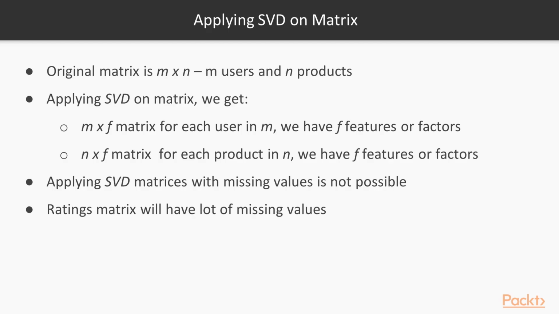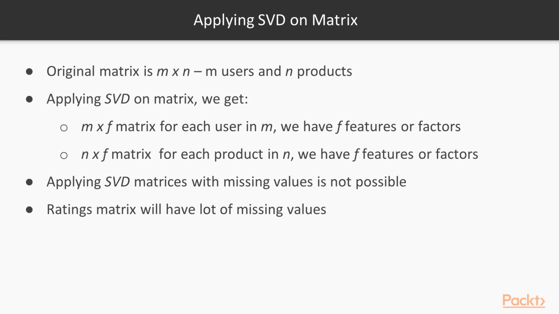Let us say our original matrix is M into N, where we have M users and N products. Applying SVD on this matrix, we get an M into F matrix, where for each user in M we have F features or factors, and an N into F matrix, where for each product in N we have F features or factors.